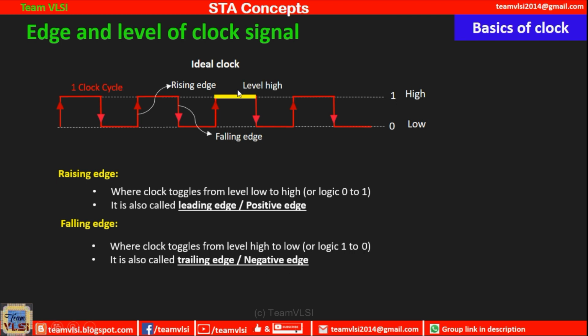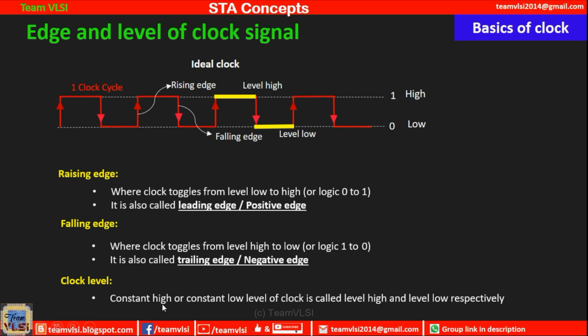Then look at this region where your clock is constant and it's constant high. So this is called your level, and it is constant high, so it is called level high. And in this region you can see your clock is constantly low, so this is called level low. So clock levels, constant high or constant low level of clock, are called level high and level low respectively.